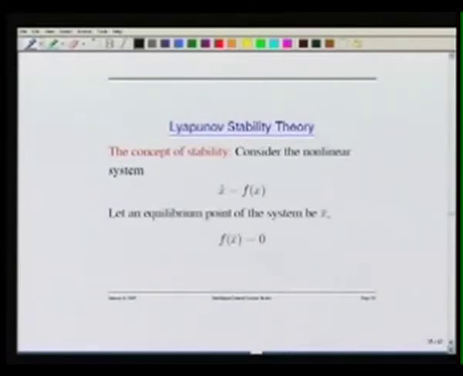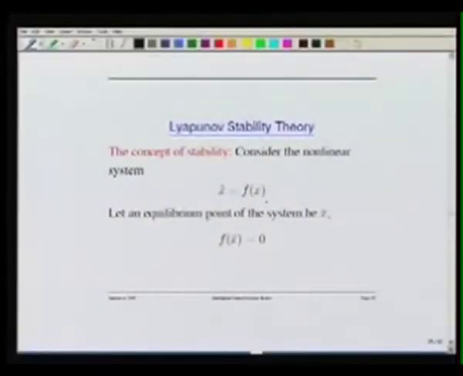In a linear system we had only one equilibrium point, so we never talked about locally stable or globally stable; you never heard this kind of notion in linear systems. But when it becomes a nonlinear system, you always talk about whether it is locally stable or globally stable, because an equilibrium point can be locally stable, and also can be globally stable.